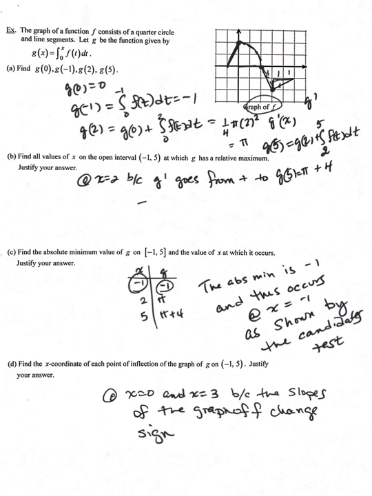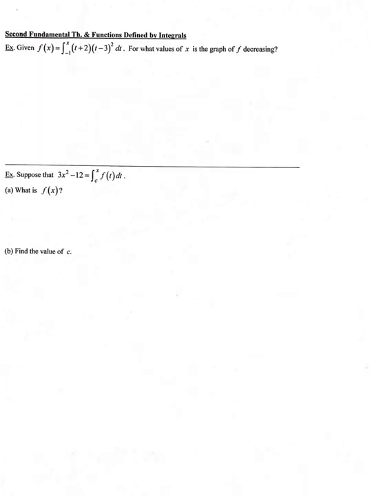Okay, so let's continue on. In this first problem we want to know where f is decreasing. So f would be decreasing where f prime is less than 0. So let's get f prime. Well, f prime, we use the fundamental theorem of calculus, is x plus 2 times x minus 3 squared. Set that equal to 0.